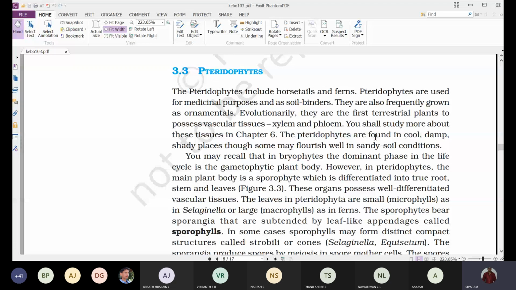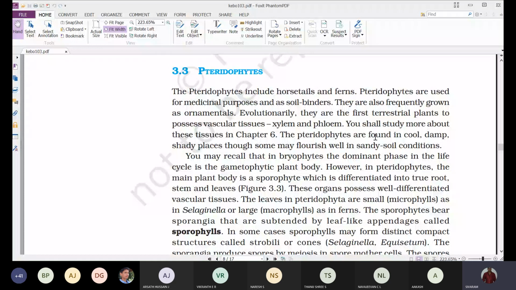That's why they are commonly called horsetails. And ferns are very important members of the pteridophytes. Generally these ferns are grown as ornamental plants in the houses. That is it. The pteridophytes include horsetails and ferns.